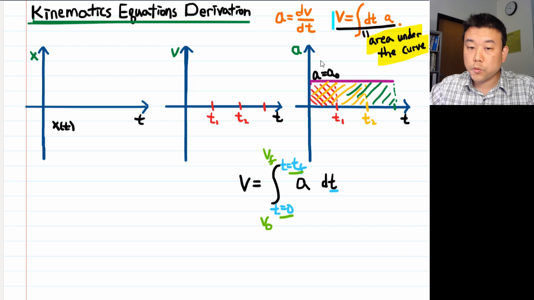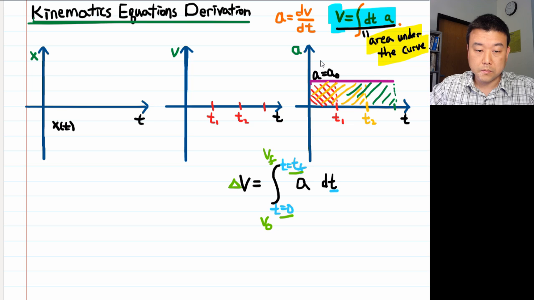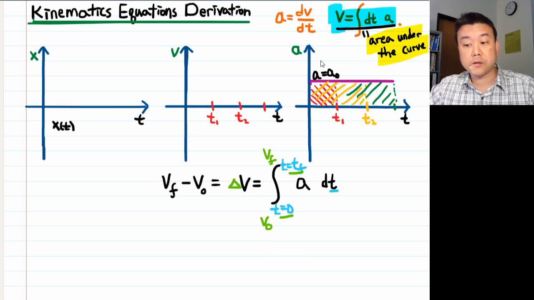So this equation here is sloppy because I wrote the left-hand side as simply v. What it really is is the change in v, or final velocity minus the initial velocity. Okay, let's finish this calculation and we can show the graphical interpretation above.